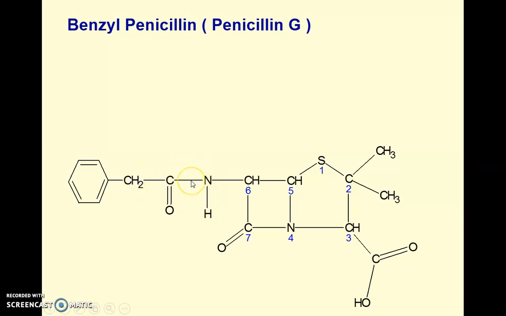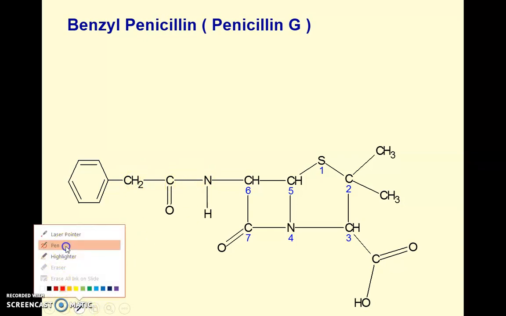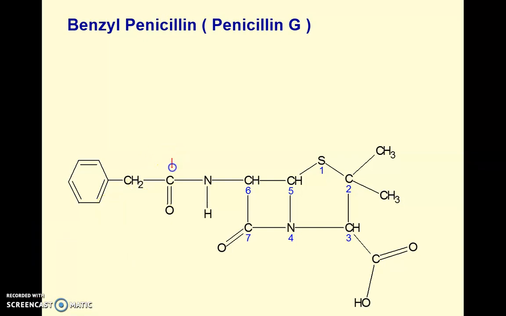If we give numbering on the acetamido, the first carbon and this is the second carbon. On the second carbon there is a phenyl ring, which we call benzene or phenyl. If it is an organic group, we call it a phenyl.